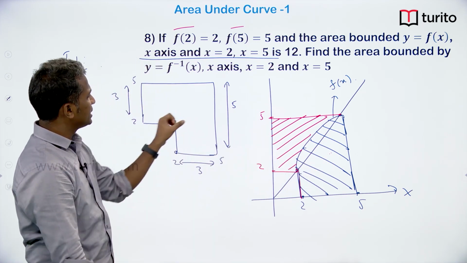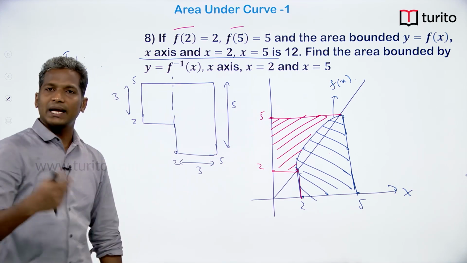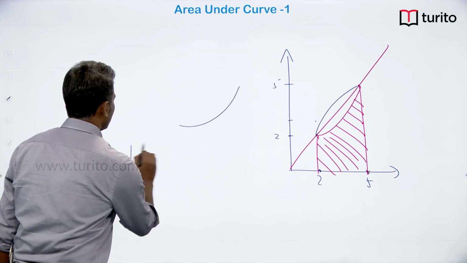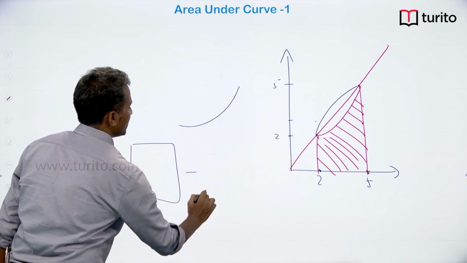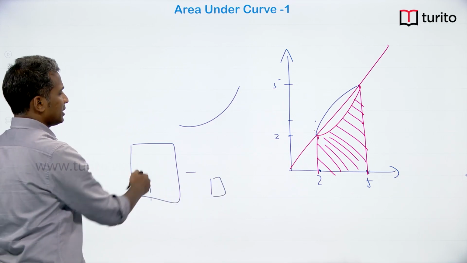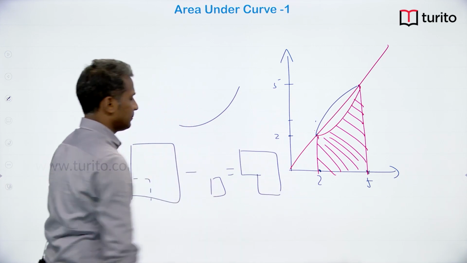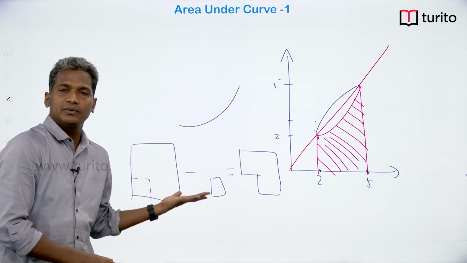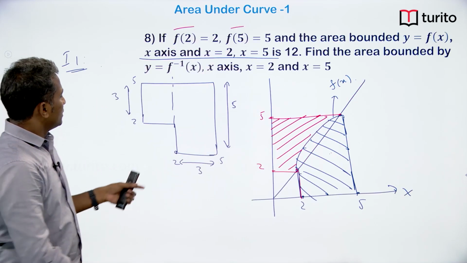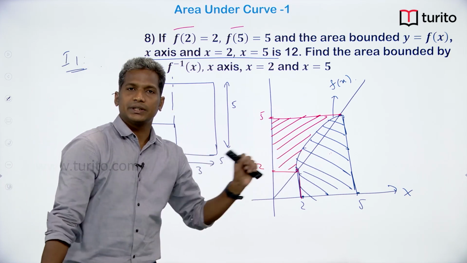Now, how do we get this area? We can draw a line here and form 2 rectangles, or we can also use the idea of the big box minus this small box, that means I am subtracting this part, and that will give me the required area, which is this area. We can use whichever idea you are comfortable with, and here just get this area and subtract the blue shaded region.